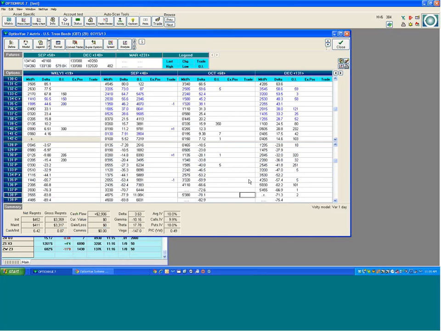What if we were to purchase an October 132 put, which is an at-the-money put with the market down at that level, which is going to have a delta of close to 50 actually. And then what if we were to sell this 130 put that we had originally purchased?